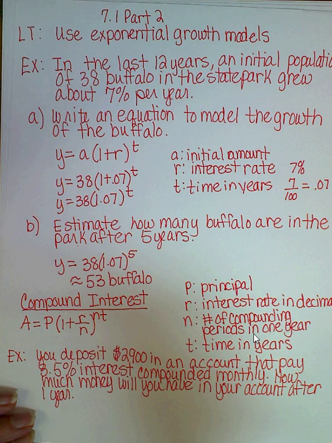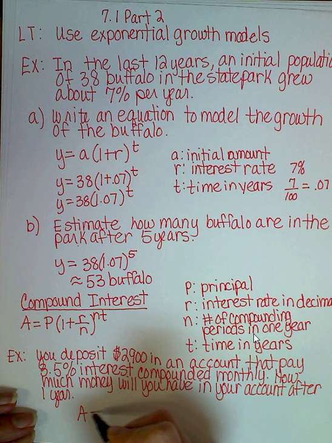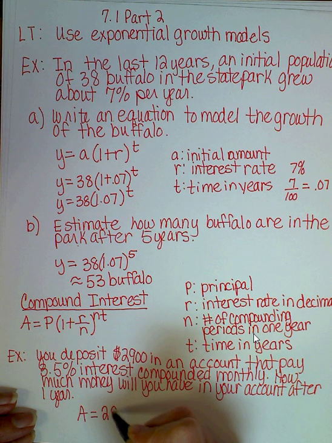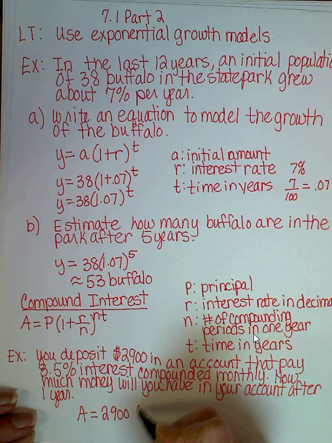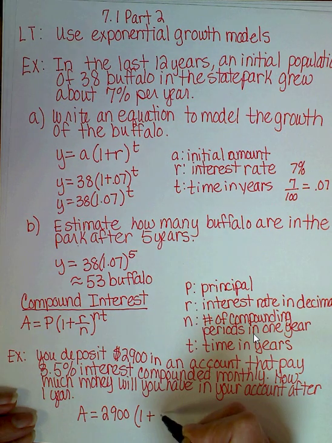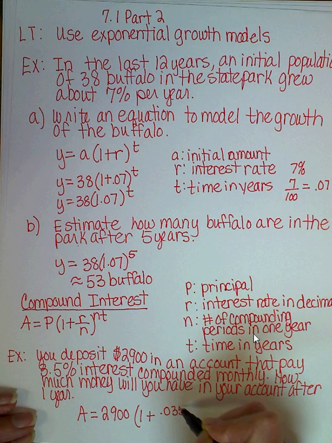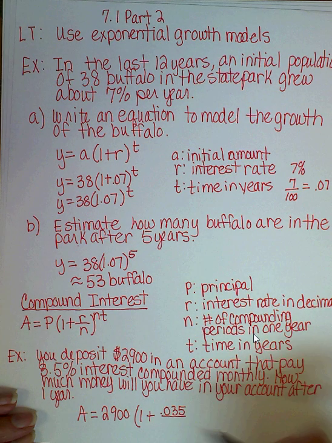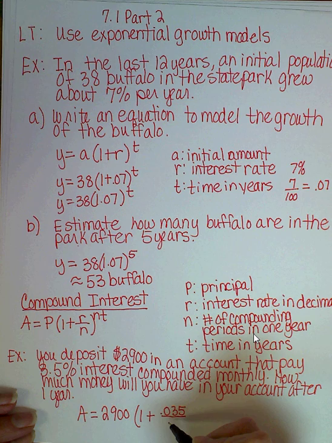Okay, so the principal would be $2,900. The interest rate in decimal form would be 0.035. Since it's compounded monthly, the compounding periods would be 12.